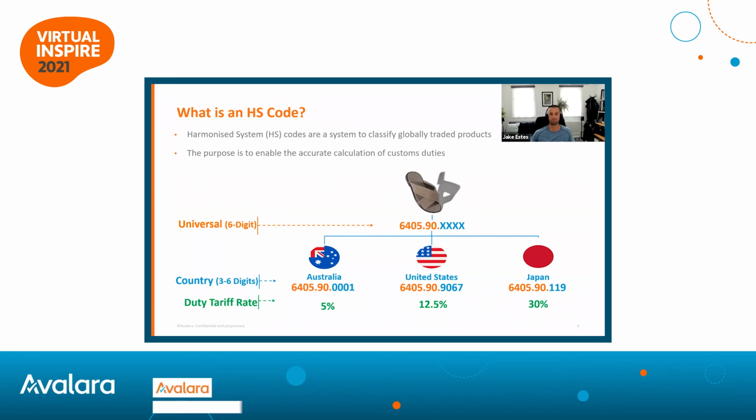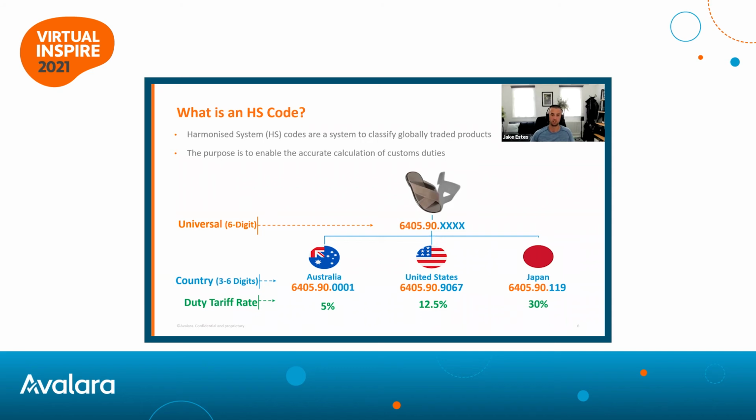So to the first 6 digits, it's not terribly hard to find a code for this pair of slippers, probably leather slippers. And the problem you can encounter is that different countries have different extensions of these codes. So you might have 3 to 6 additional digits on top of the internationally standardized 6 that define both the duty rate and statistical reporting of that product in the destination country.